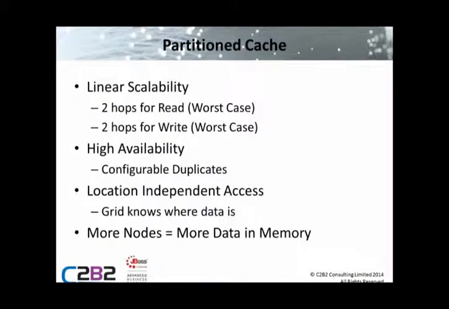So one of the key things around a partitioned cache, as we've seen, is that it provides linear scalability theoretically. Essentially what you'll hit is a limit on your network bandwidth.